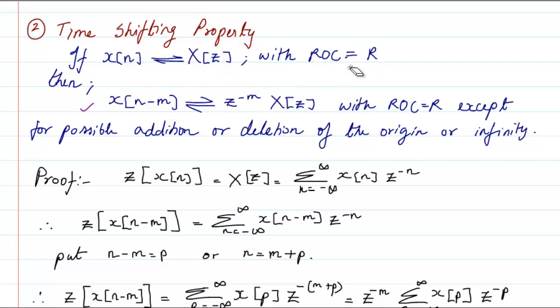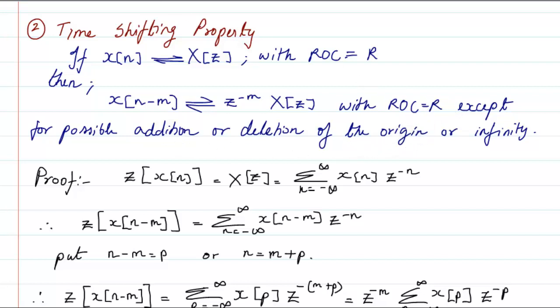See, ROC is R. If such a case happens, then the time shifting property says that the ROC is equal to R, but there will be a possible addition or deletion of origin or infinity from this R. That means with this R there will be either an addition or deletion of the origin.